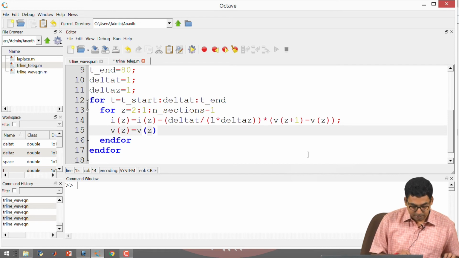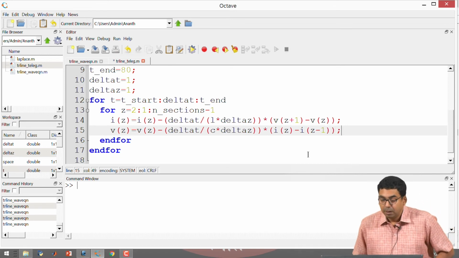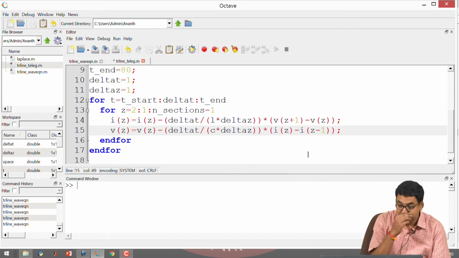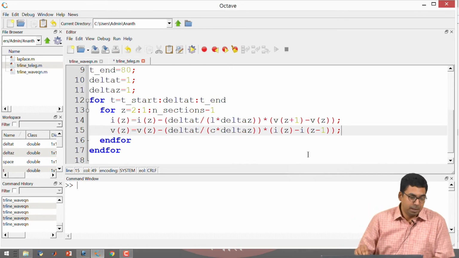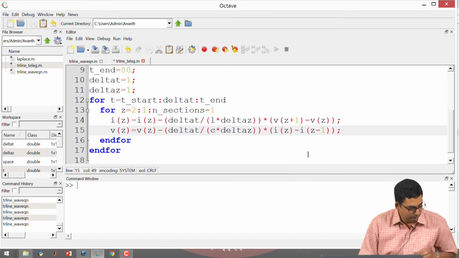So, I am having V of z is equal to V of z minus, right, delta t divided by... okay. So, we had used forward difference in one case and a backward difference in space for the other case, right. And the way we have written it, we have actually coded it.